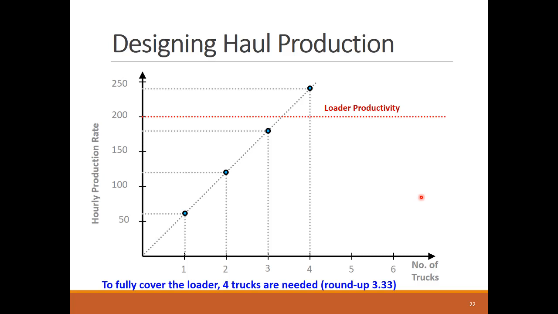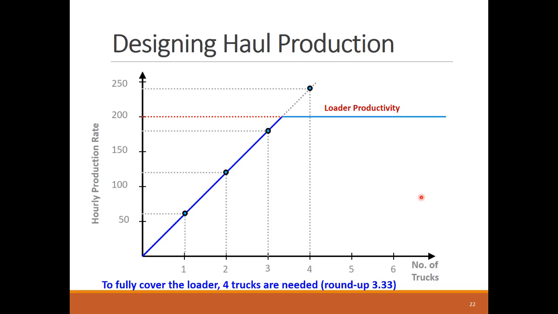As we saw, 1 truck gives 60 cubic meters per hour, 2 trucks gives 120 cubic meters per hour, 3 trucks gives 180 cubic meters per hour, 4 trucks gives 200 cubic meters per hour, and 5 trucks gives 240 cubic meters per hour. So it's a linear productivity increase with the addition of more trucks until we hit the ceiling of the loader productivity of 200 cubic meters per hour.